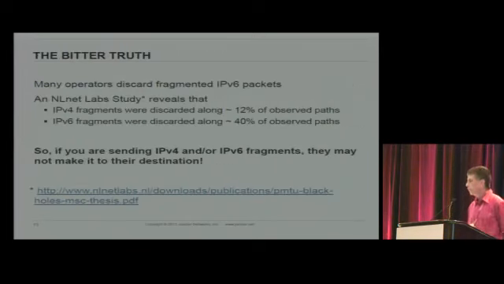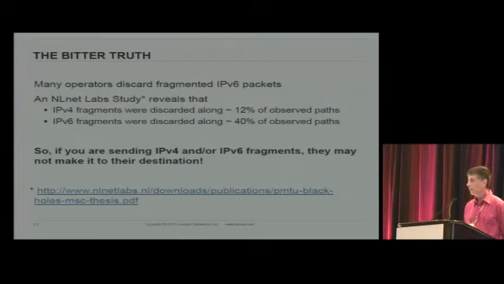And here's the bitter truth. A while ago, somebody talked about the RIPE Atlas project. Someone did some study at NL Labs, and using those RIPE Atlas probes, looked at how many paths that would pass IPv6 datagrams would also pass IPv6 fragments.